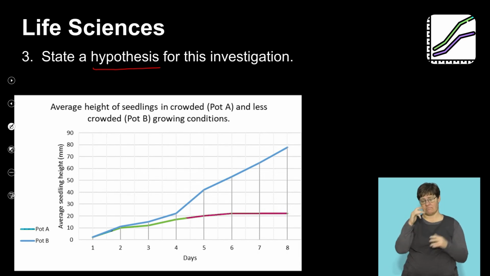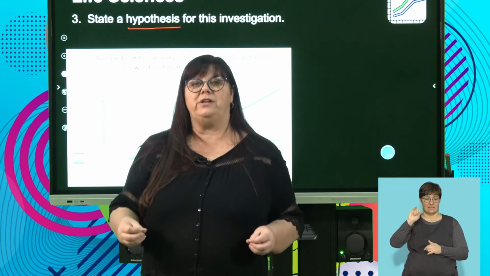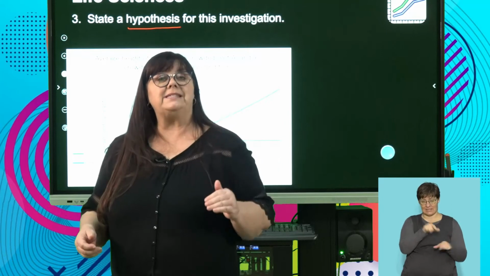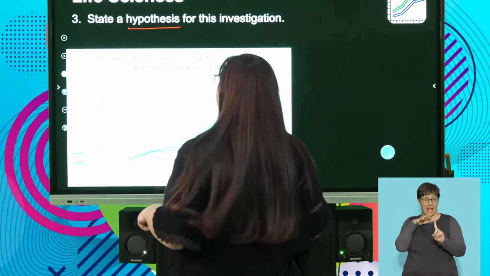This is very important, learners. You need to make sure that you understand the scientific method and the various steps of the scientific method. So let's do a quick catch-up.